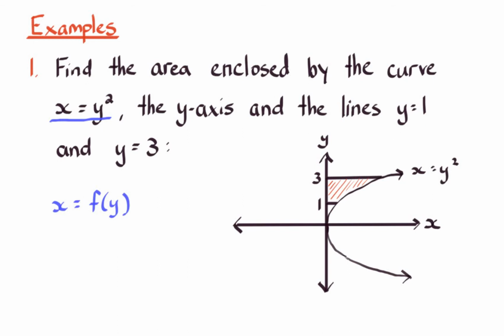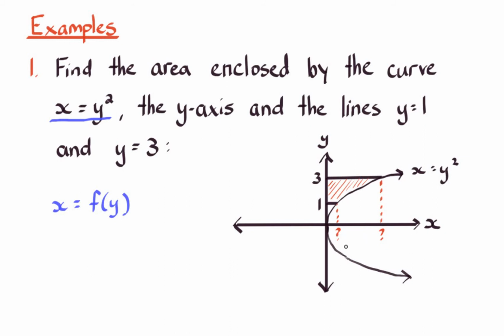Now, just quickly before we get on to the integration, do you know what this x value would be and what this x value would be? Well, because the function is in the form x equals y squared, we can simply substitute in the y values 1 and 3 and get our x values.